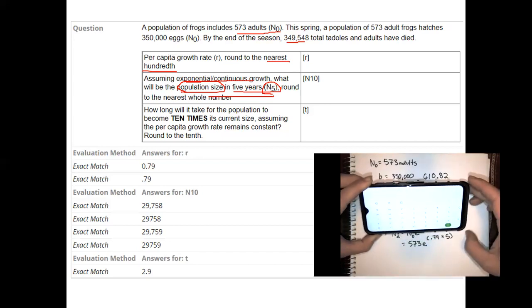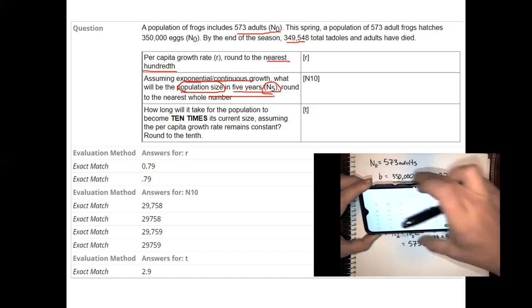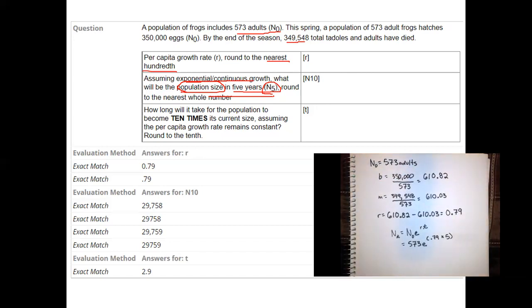So we want 573 times e. And note that the e automatically puts the parentheses there. This isn't the case on every calculator, but 0.79 times 5, and we'll close the parentheses here, and that gives us 29,758 and change.